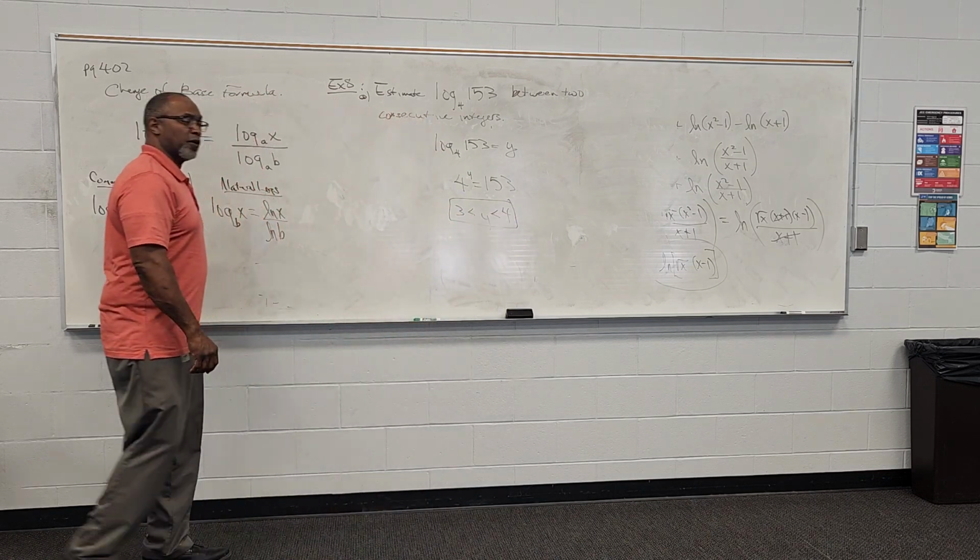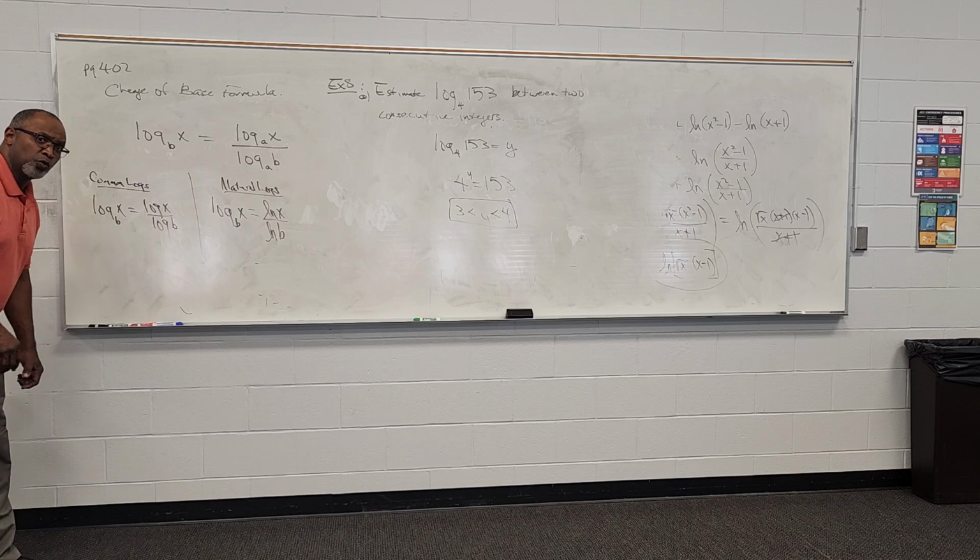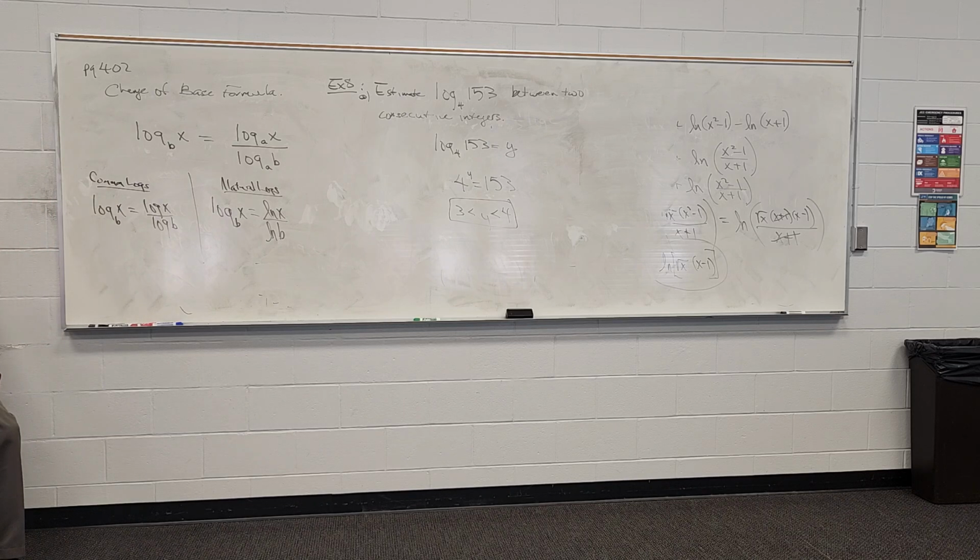So y is greater than 3, but less than 4. Because 4 to some power that's bigger than 3 will be bigger than 64, and 4 to some power that's less than 4 will be less than 256.